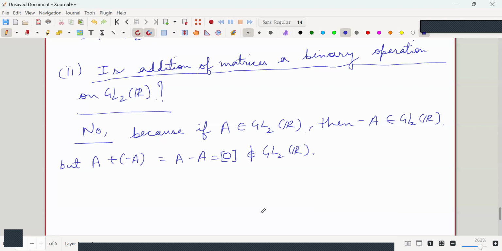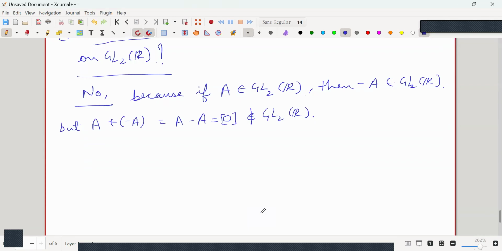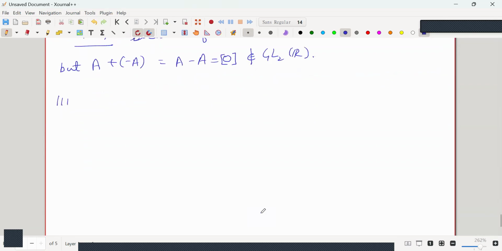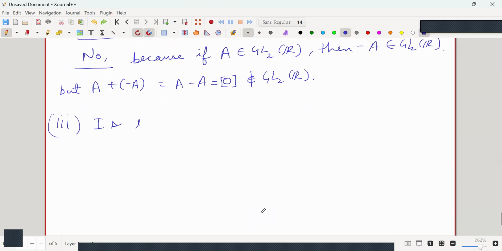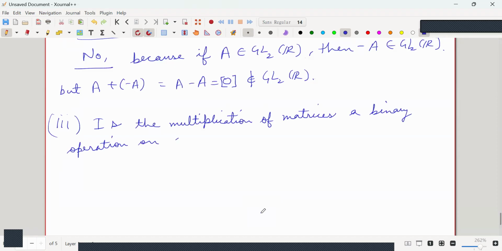Now, what about the multiplication? Is the multiplication of matrices a binary operation on GL2R?